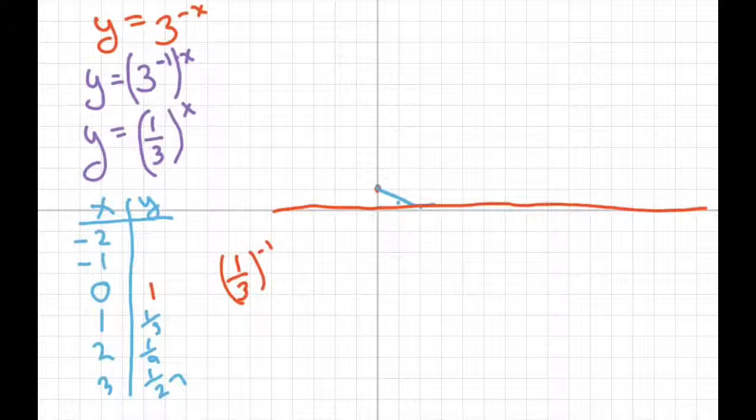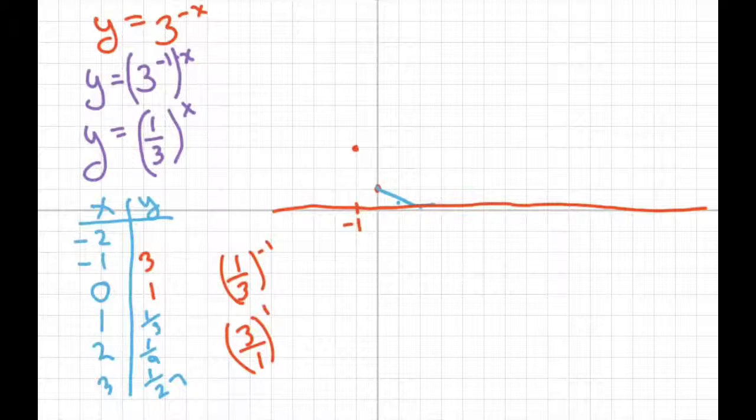So negative 1, remember, just means you're going to flip it. So what I'm going to do is get out that negative and just flip it as 3 over 1 and take away the negative. You just flip it. So 3 to the first power is 3. So 1, 2, 3.